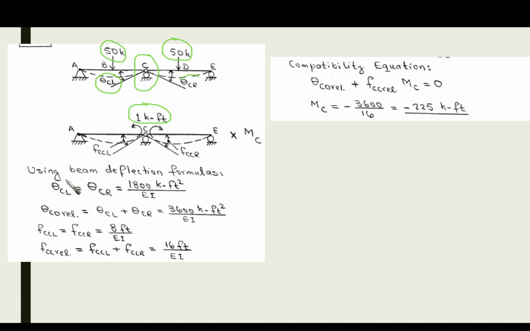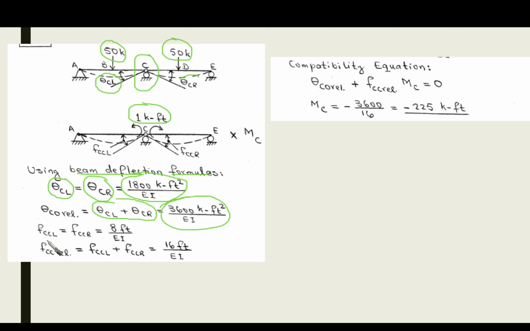We can use the beam deflection formulas, okay? And you're going to find that theta C right equal to theta C left, and please check this value, which is 1800 K-foot squared over EI, and you are going to find that the theta C O relative is going to be the summation of both of them, which is 3600.